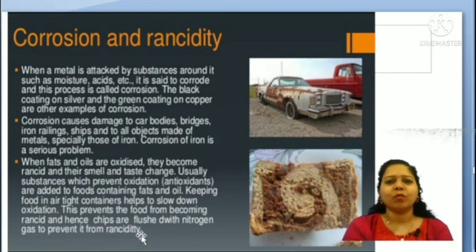Generally the chips and all the foods which we take from the market are closely packed, but to prevent the oxidation of that food, some substances are added which prevent oxidation, and those substances are known as antioxidants. The substances which prevent the oxidation process are known as antioxidants, and those antioxidants are added to preserved food to prevent oxidation.